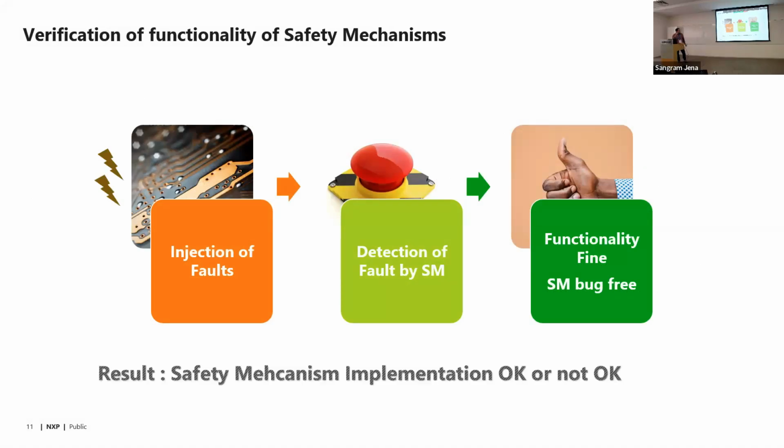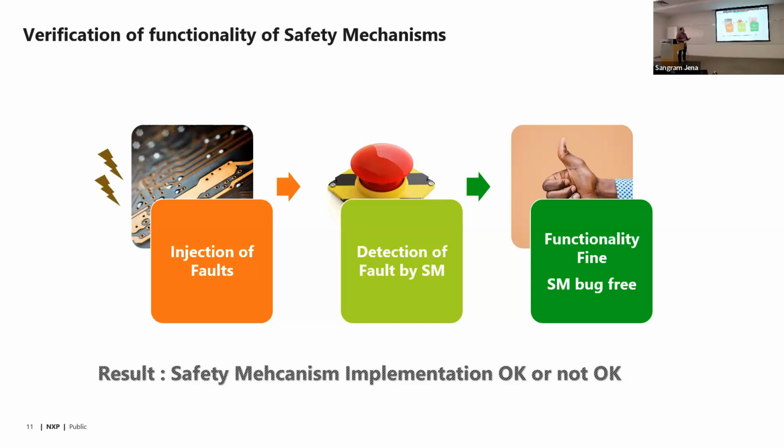So there are broadly 3 different types of tests that we do as part of safety. This is one of the very basic tests that we do, which is verification of the functionality of the safety mechanism. What I mean by that is, I inject a limited amount of faults, and I check whether those faults are getting detected by my safety mechanism, and I see an appropriate behavior at the output side.